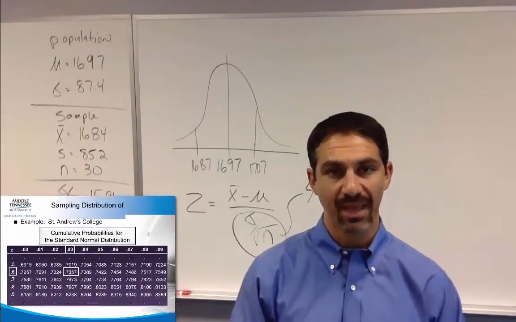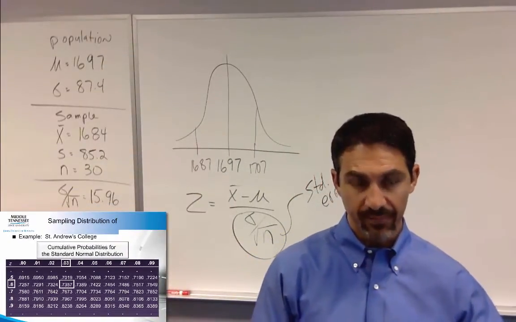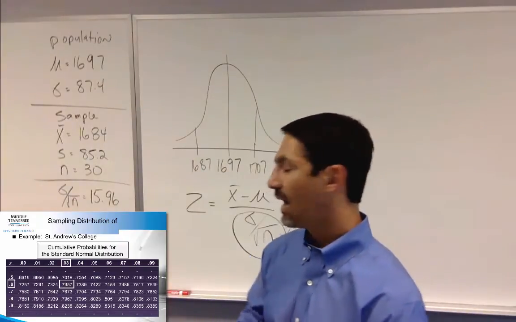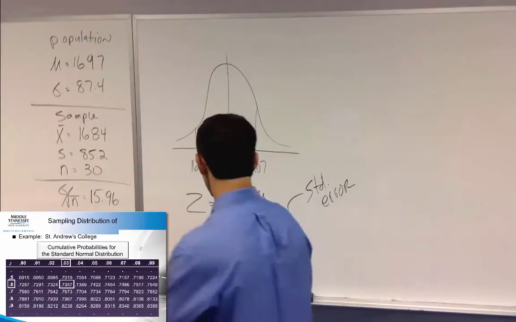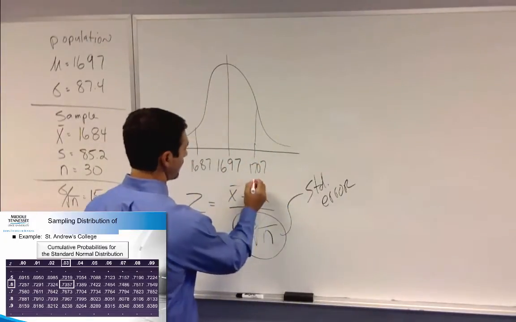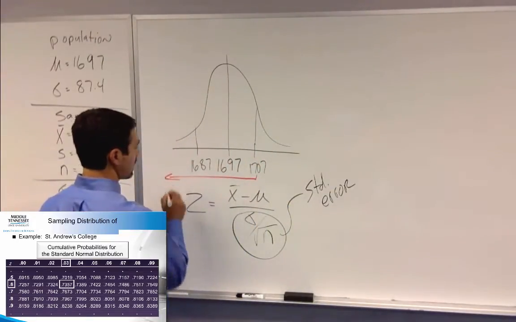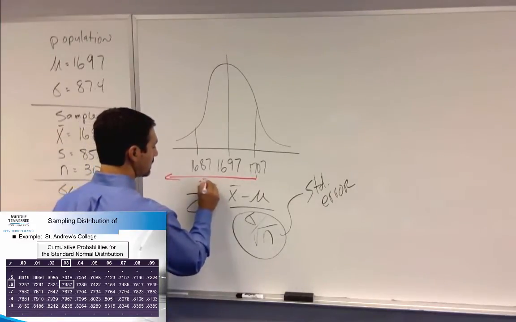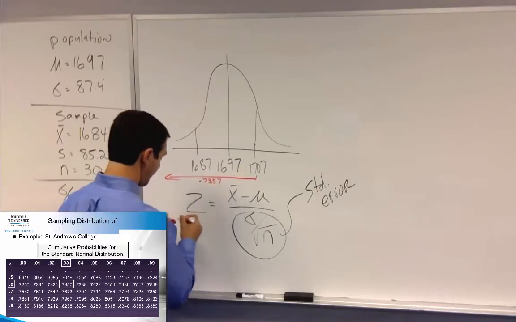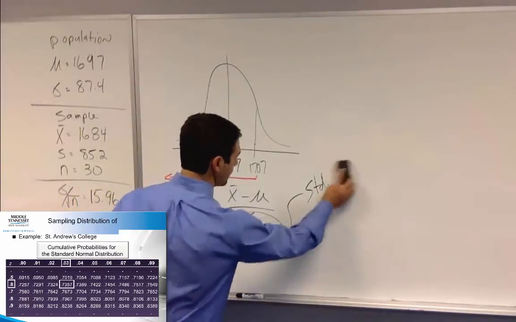So what does that mean? That means from negative infinity to a value of 1707. Let's take a look at that up here. I draw it this way. That will be our 0.7357.